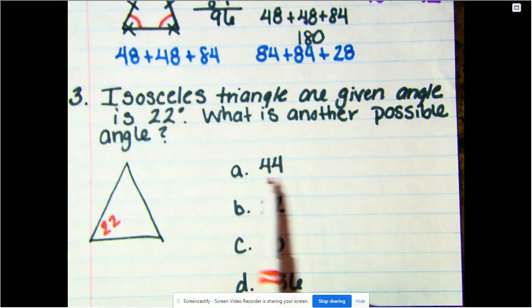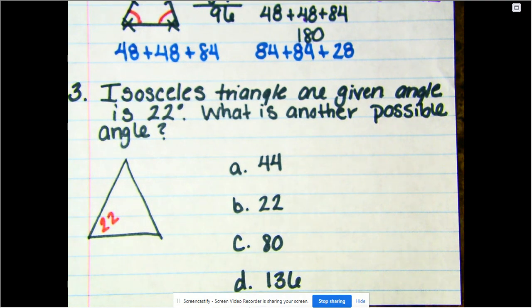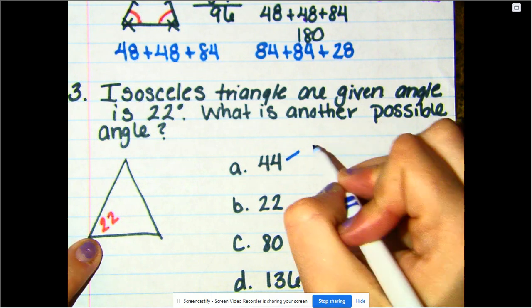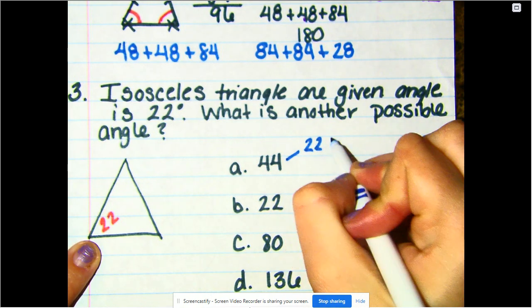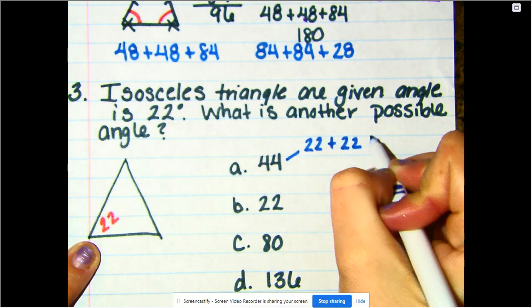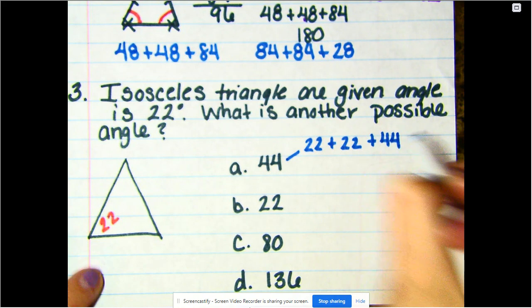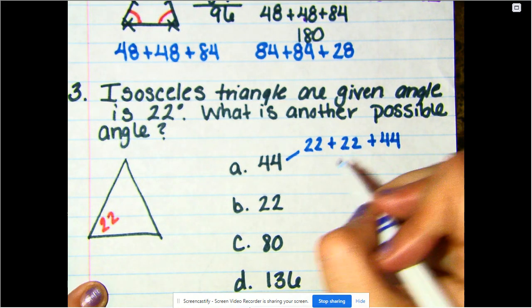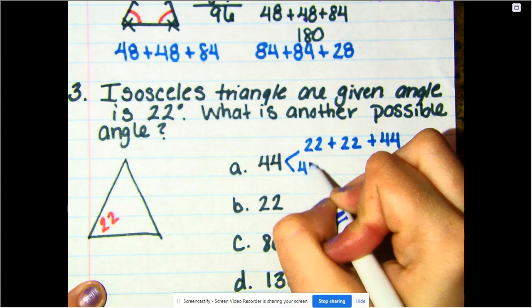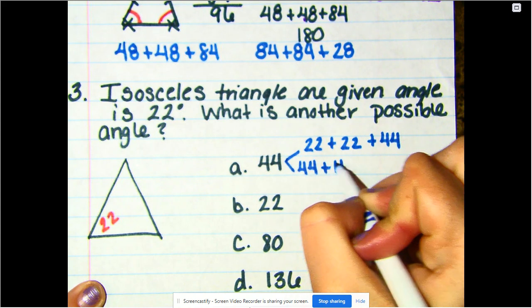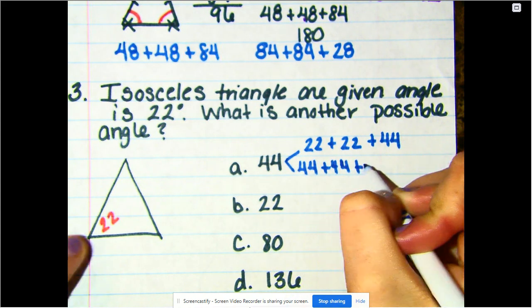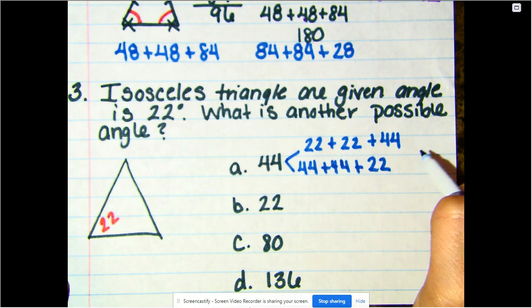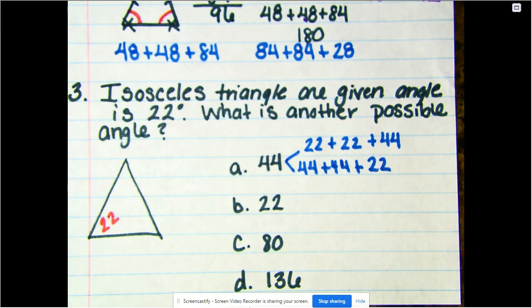If 44 happens to be one of those angles, one option could be, because it is an isosceles triangle and 22 was given, it could be 22, and maybe 22 was repeated, and 44 is my other missing angle. It could be possible that 44 is instead repeated, and the 22 was the one that was not the same. So we have two different possibilities for all of my answer choices.